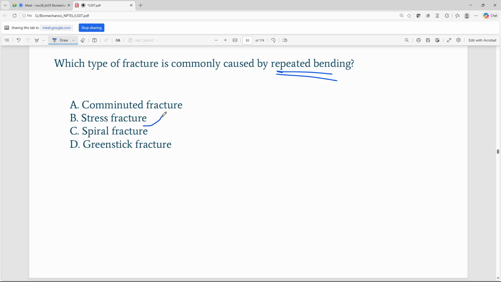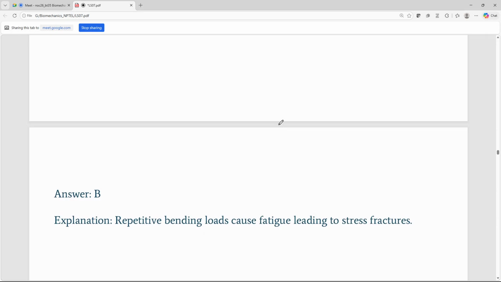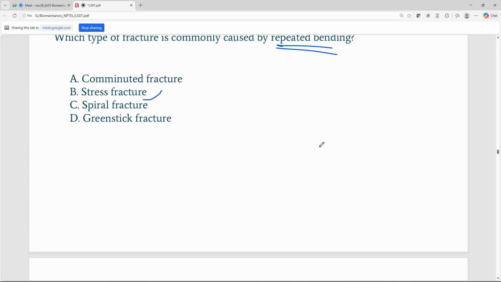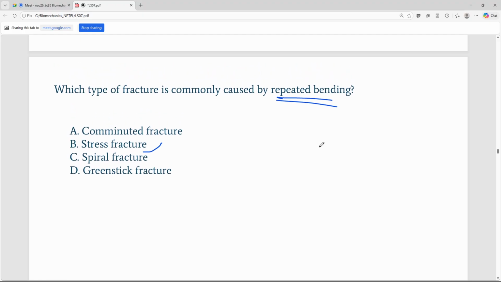The answer is option B, stress fracture. Stress fractures are fractures that occur due to repetitive bending loads. These are different types of fractures. A comminuted fracture is also known as a complex fracture, where the bone breaks into three or more pieces.